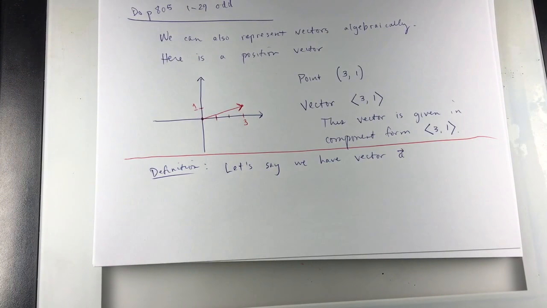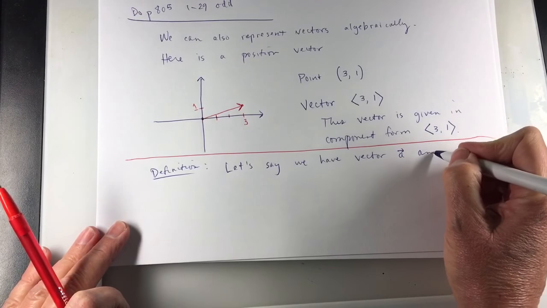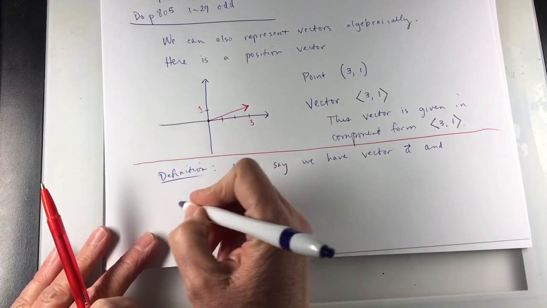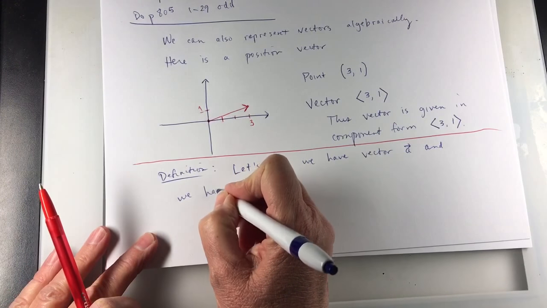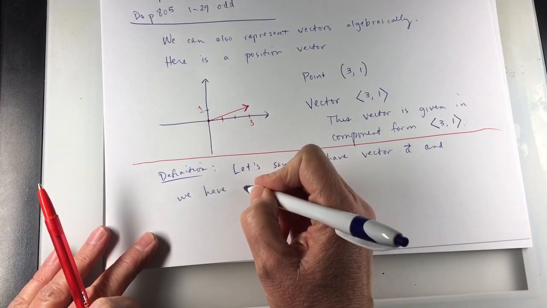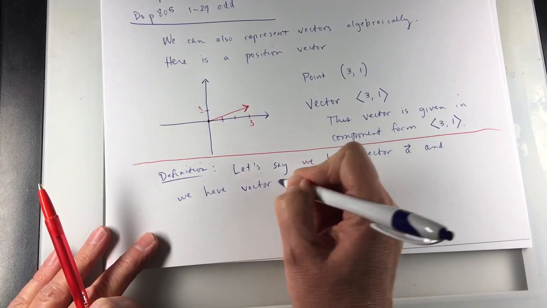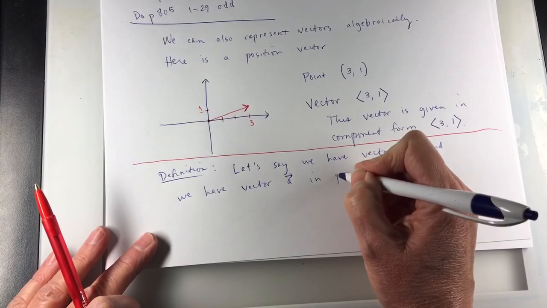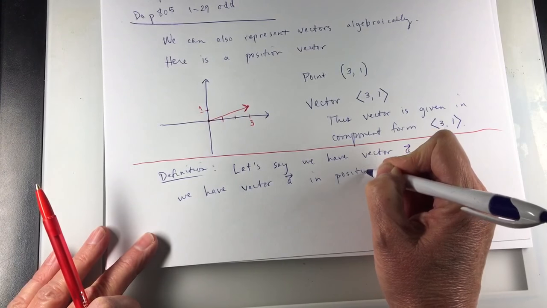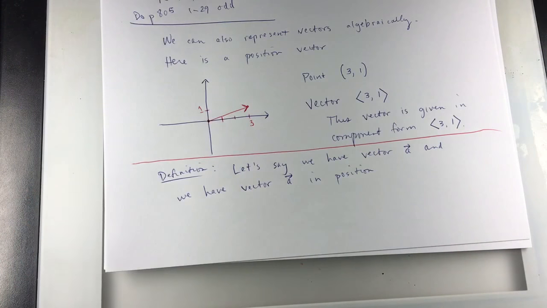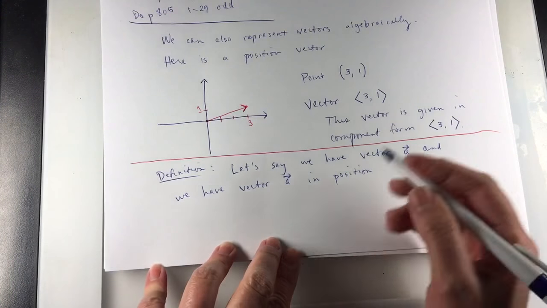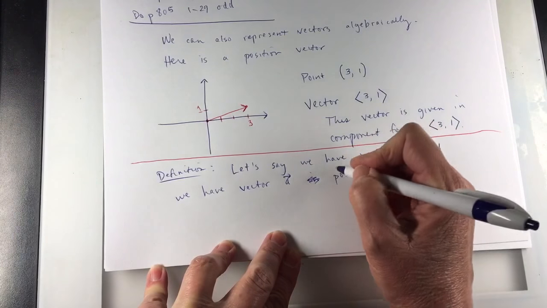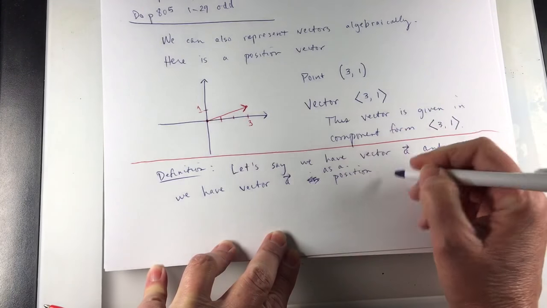So I have vector A, and we have vector A in position form as the position representation. All right, vector A as a position vector.